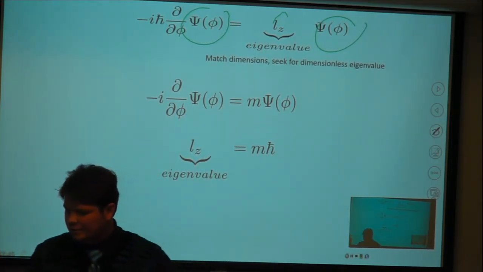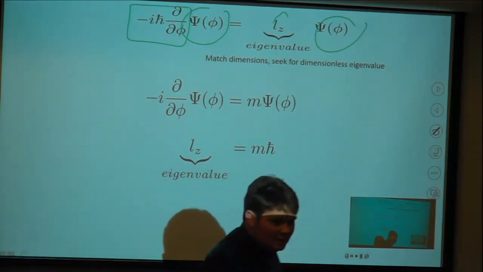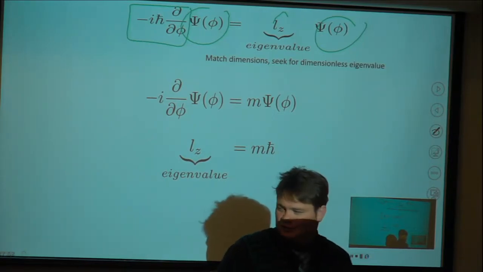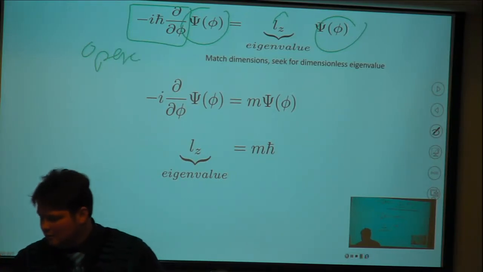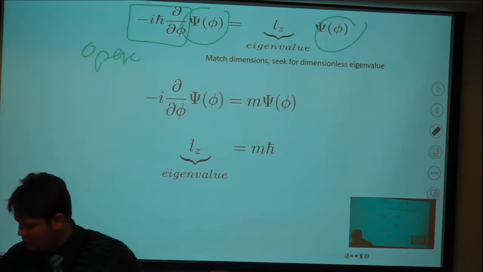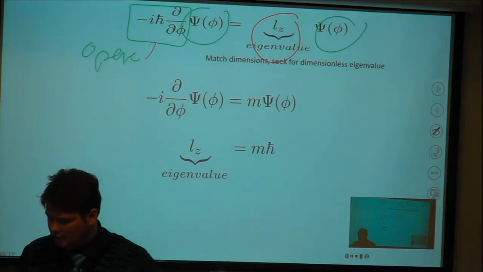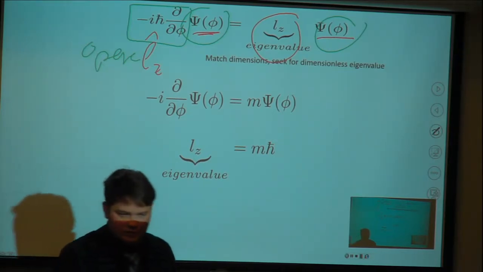I was a little scared because this thing looks very similar to a derivative over time, and for a second I thought we are not showing anything time resolved at this moment. So this is an operator. This is not an operator here. Here is an eigenvalue. So L_z with a hat acting on the wave function gives L_z without a hat acting on the wave function.